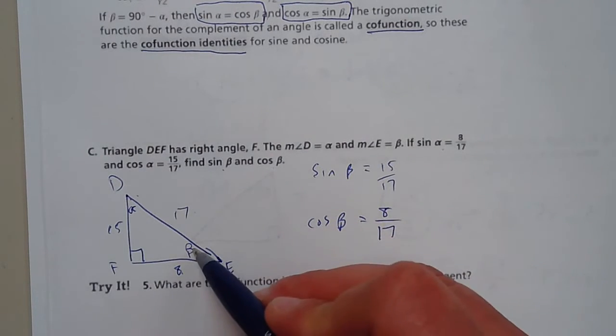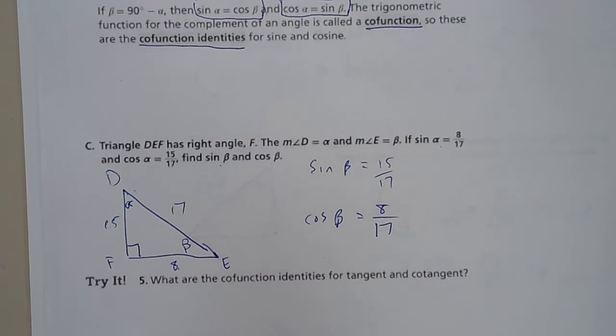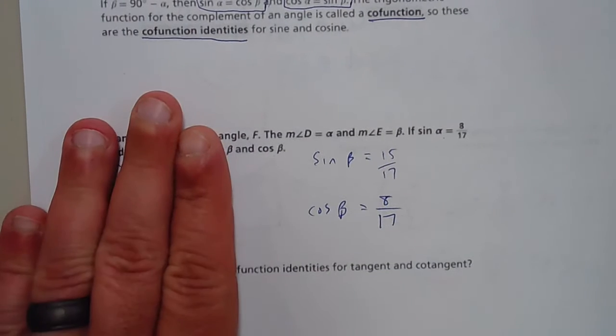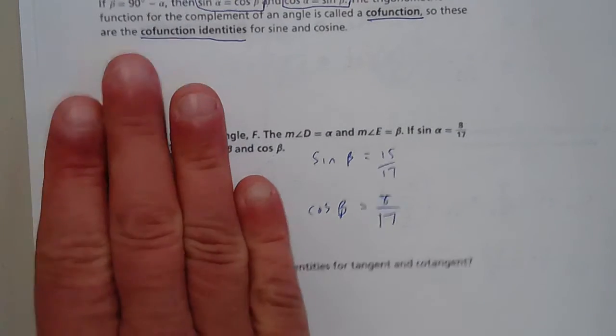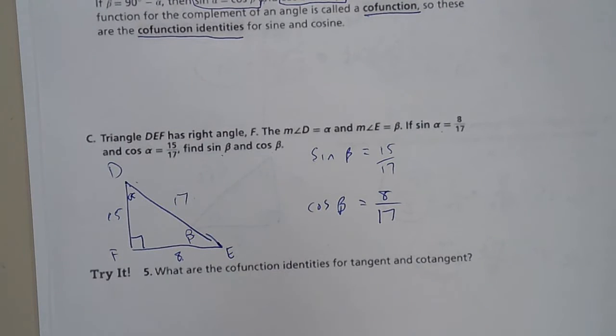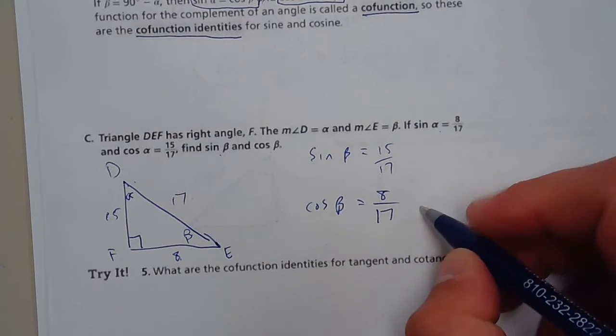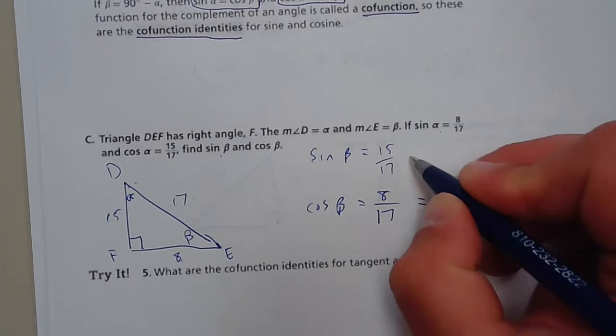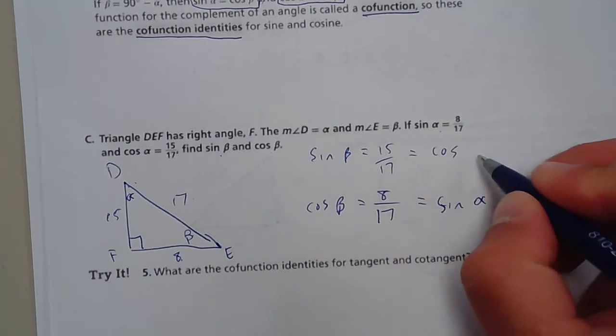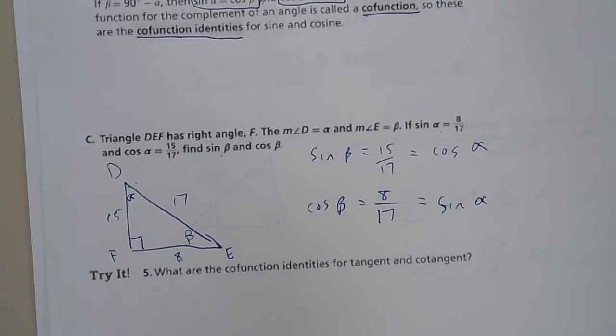And if we want to double check that, yep, adjacent over hypotenuse, it in fact does. So we don't need to draw this picture. I just did to kind of illustrate that these are definitely true. They work no matter what right triangle you're working with. But technically, you should be able to do this problem without drawing any picture, just by simply realizing that this is equivalent to sine of alpha, and this is equivalent to cosine of alpha. Okay? And that's pretty much that.